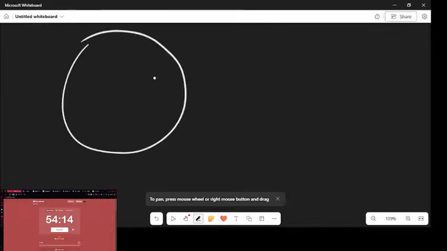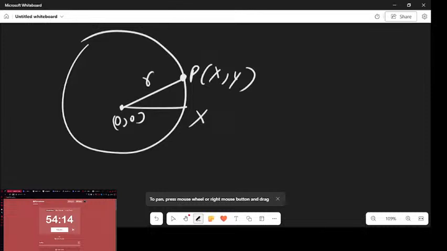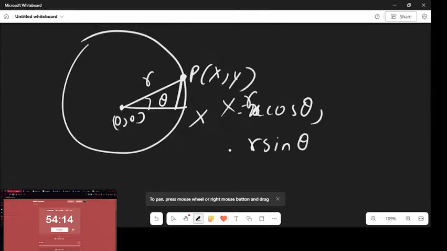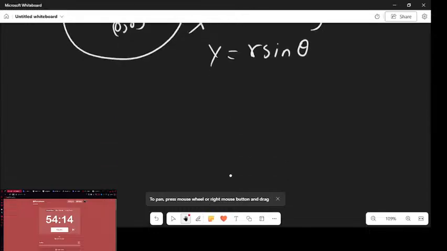If this is the circle with center 0, 0, and if we want to find any coordinate, say a point P, x comma y, and write it in terms of r, with this angle being theta, the x coordinate will be r cos theta, and the y coordinate will be r sin theta.